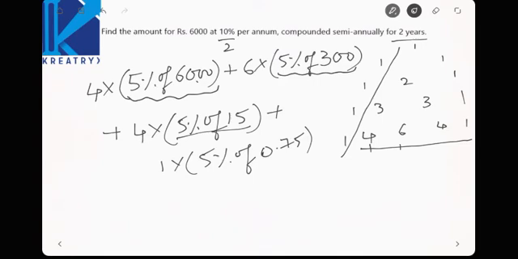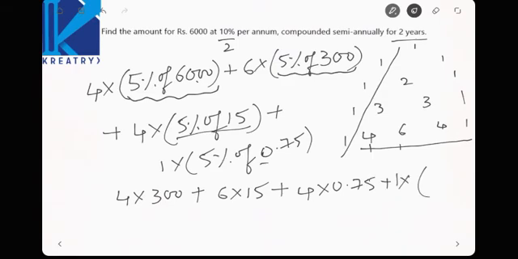Upon simplification, 4 into 300 plus 6 into 15, 5% of 300, now 4 into 0.75 plus 1 into 0.75. 10% is 0.075, and 5% is 0.075 by 2, so there is no need to take this value.